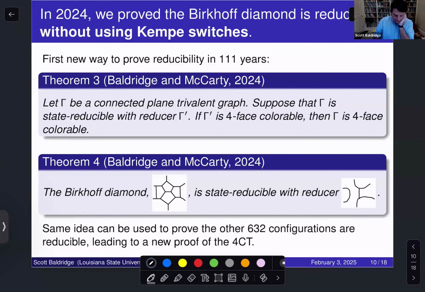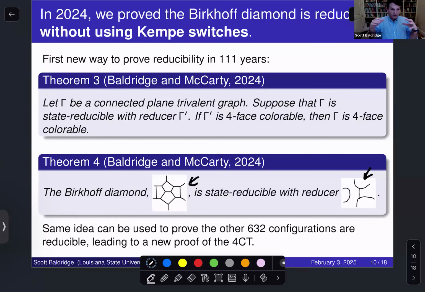So here's the main theorem, Theorem 4. You replace the Birkhoff diamond with its reducer, so it's going to look like that. And of course, that's a smaller planar graph. So that smaller planar graph now has a 4-coloring. And what state reducibility means is that I can now find 3-face colorings on some surface of that reducer, where that new graph is actually a 1-skeleton of some surface.